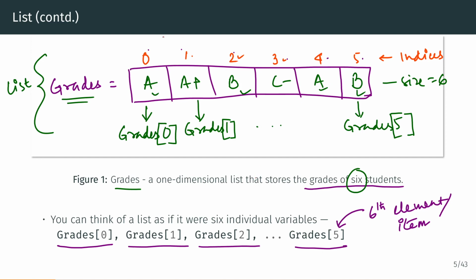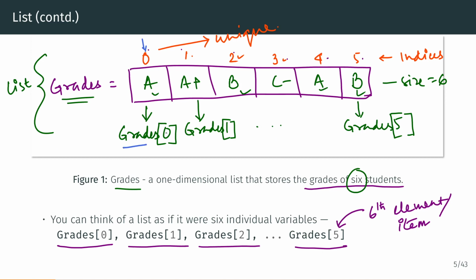Also, each of the elements in the list will be assigned indices, which are unique. The elements in the list can have duplicates, but the indices would be unique. These indices are used to refer to the grades. The first element would be referred to by its index 0, appended to grades.